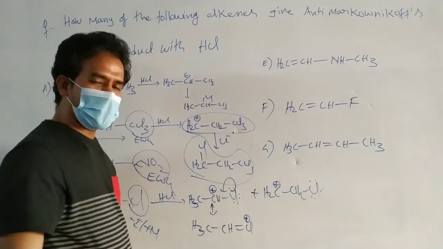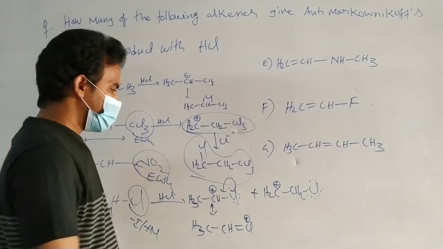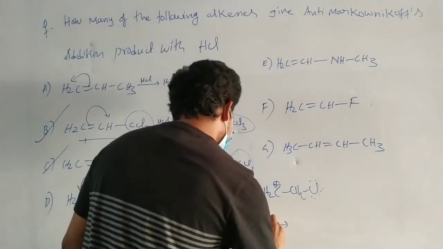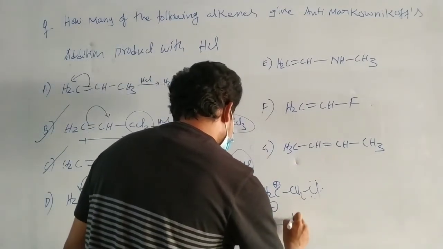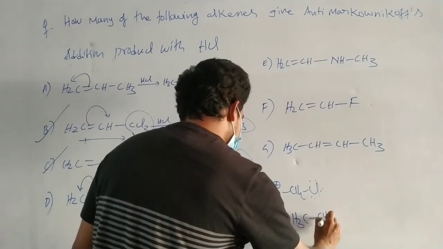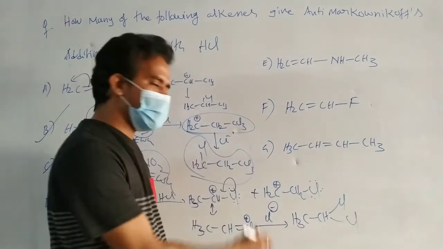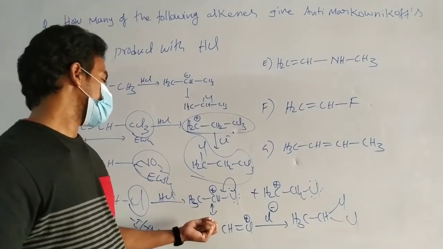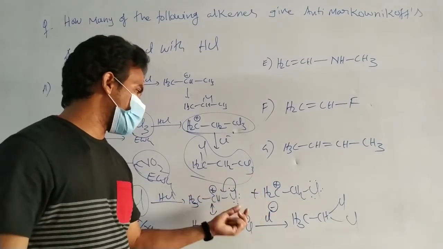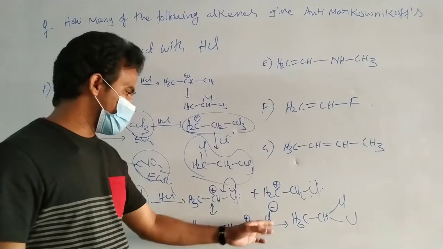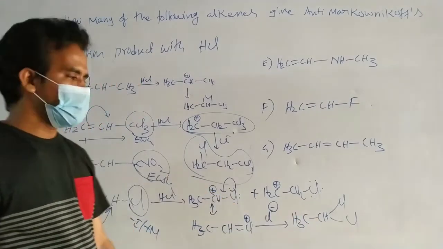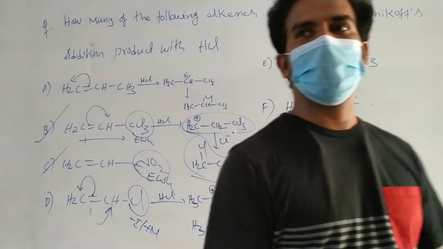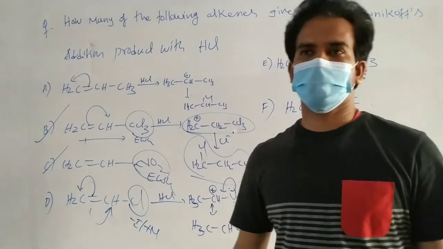This cation is mostly formed because it is stabilized by the plus M effect of Cl. Then it is attacked by Cl minus, giving CH3CHCl2, the major product in this reaction. Cl minus is added to the carbon which has fewer hydrogens, and H plus is added to the carbon which has more hydrogens, so it follows a Markovnikov addition product.